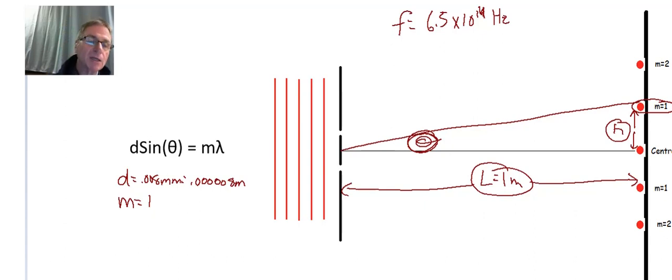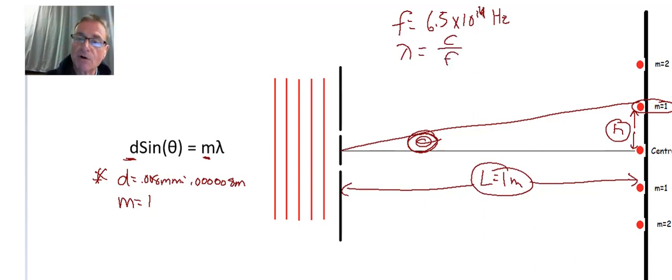So let's see what we got. If we look at our formula, d times the sine of theta equals m times lambda. We know d because that's been given to us. We have m, that's 1. We've been given the frequency. If we know the frequency of the light, we should be able to get the wavelength, because the wavelength is simply the speed of light divided by the frequency.